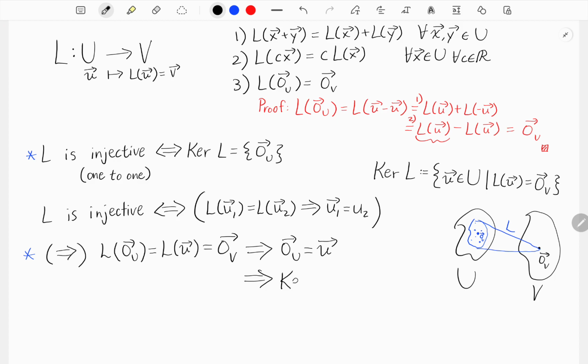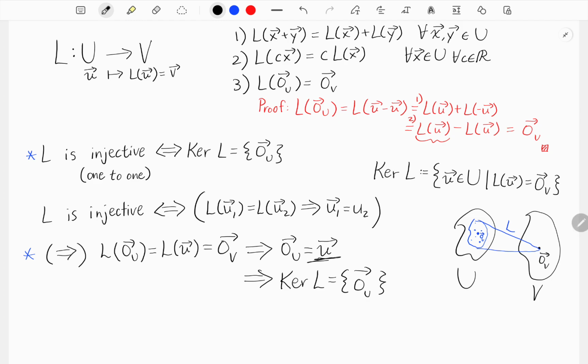So the kernel of L, which is all the u's that get mapped to 0, is just 0u. 0u is always going to be in the kernel of L, but in the case when L is injective, there's no other elements distinct from 0u.